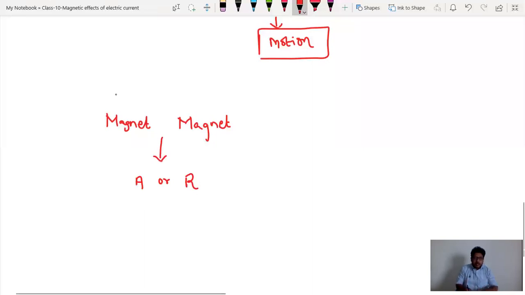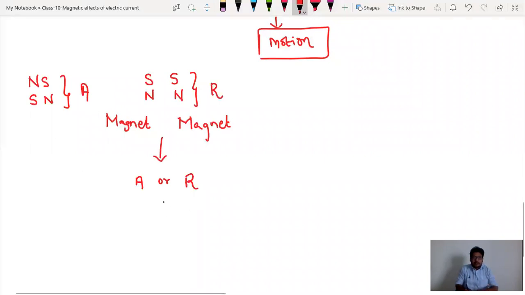That's it, right? If it is north, north or south, south, there will be repulsion. If it is north, south or south, north, there will be attraction. Only one will happen definitely, either attraction or repulsion.